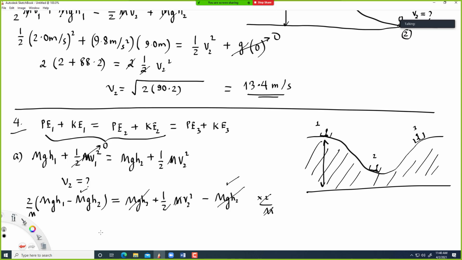So then v2 squared would be 2 over m. I have m and g common in both terms, so I can pull them out. So mg pulls out of the parentheses, and what's left in the parentheses is h1 minus h2. I can cancel this m and that m. So then we'll have 2g(h1 minus h2).